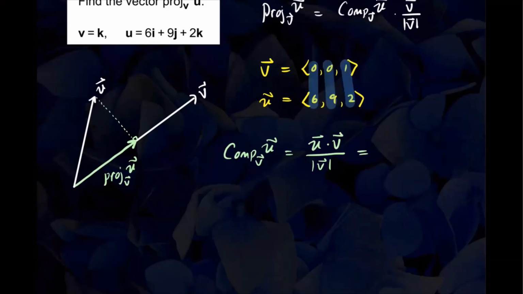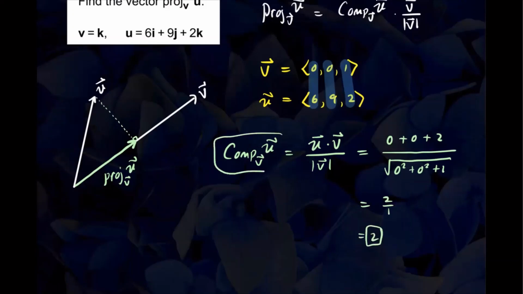So we get 6 times 0, that's 0. And 9 times 0, that's 0. 2 times 1, that's 2. Divided by the magnitude of v, so that will be the square root of 0 squared plus 0 squared plus 1, which is 1. So we know this component is going to be 2 over 1, or simply 2. So the component of u onto v, or the magnitude of this vector, is 2.